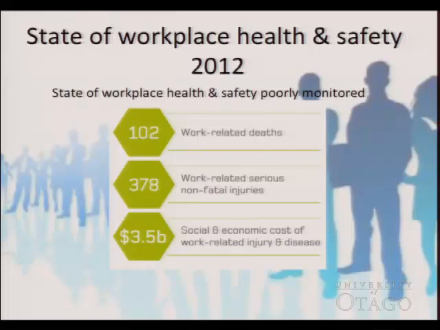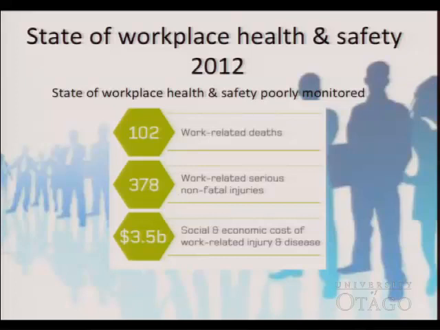We have a significant lag in terms of getting these figures from government agencies, but it's about 102 work-related deaths and 378 really significant, serious, non-fatal injuries. So they're injuries where hospitalisation has occurred and a person has had at least 5 days or more in hospital. And the social and economic costs of that injury is about 3.5 billion.